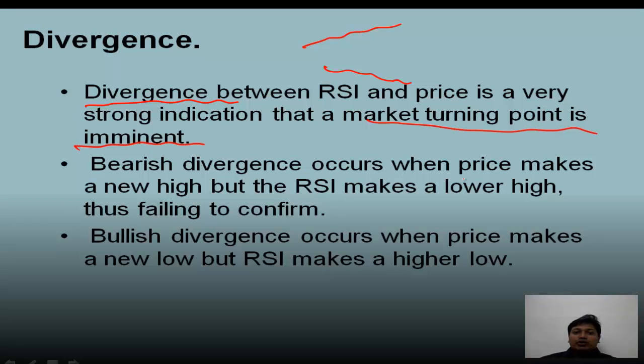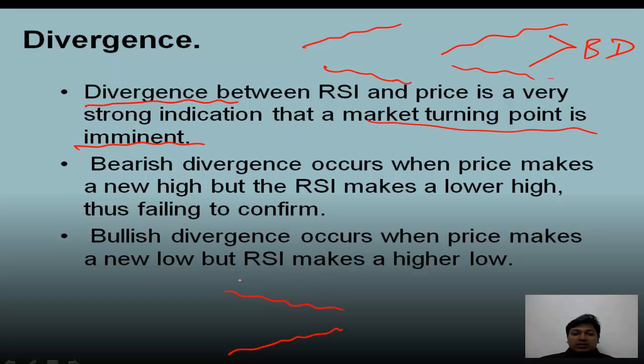Bearish divergence occurs when the price makes a new high but the RSI makes a lower high, thus failing to confirm, which basically means that if price is going up and RSI is moving down, this is called a bearish divergence. Bullish divergence occurs when the price is making a new low but RSI is making a new high, which means the price would be moving down like this, but RSI would be moving up.